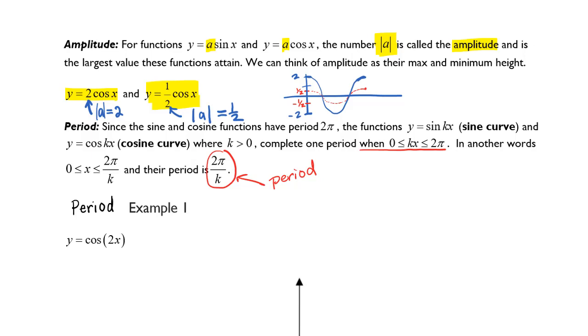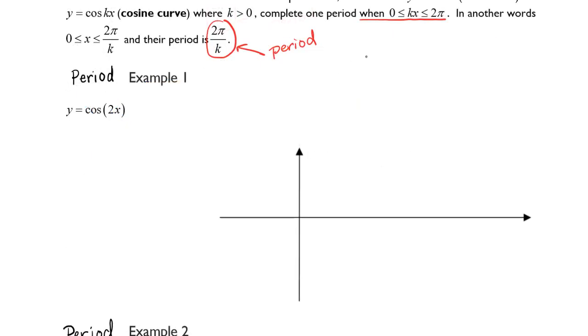And so here, let's take a look at the first example for periods. It's y equals cosine of 2x. Remember that the standard period for cosine, we can say cosine x's period, is on the interval from 0 to 2 pi.